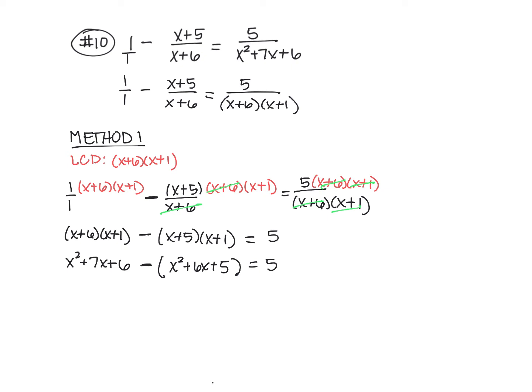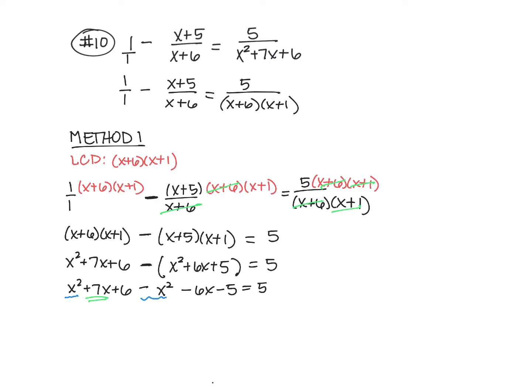Now I'm going to distribute that negative through. And whether you do this in one step and combine your like terms here, or you do it in 2 steps, that's up to you. And now I'm going to combine like terms. So I have an x squared minus an x squared. That's going to go away.